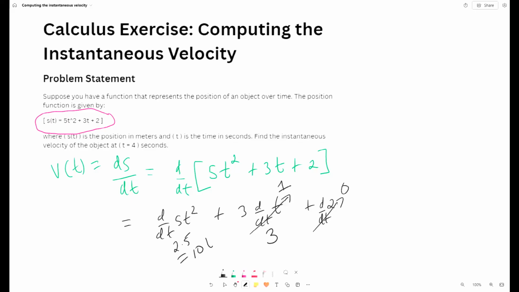And then we have 10 times t. So now the whole thing is equal to 10t plus 3.